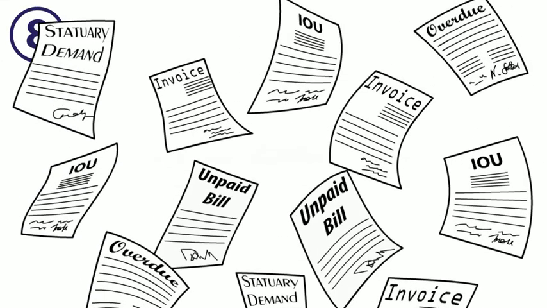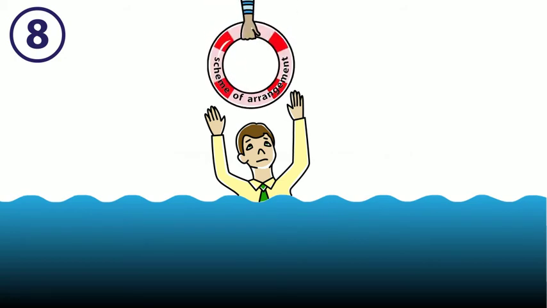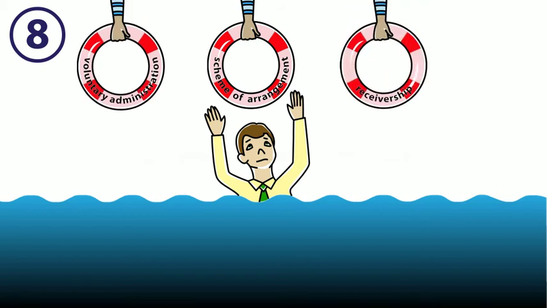And eighth and finally, company law covers the way in which a company can deal with financial distress, such as corporate rescue, either via a scheme of arrangement or via voluntary administration or via receivership.